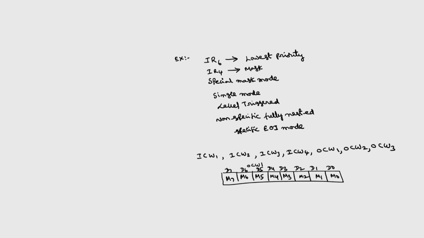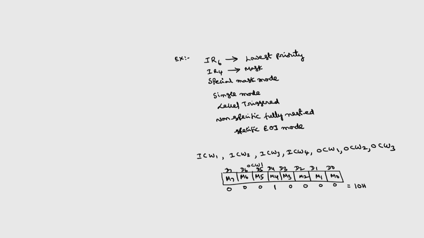So I want to mask only IR4. IR4 means the corresponding bit will be 1, and all the remaining will be zeros. So the hexadecimal equivalent will be 10H.